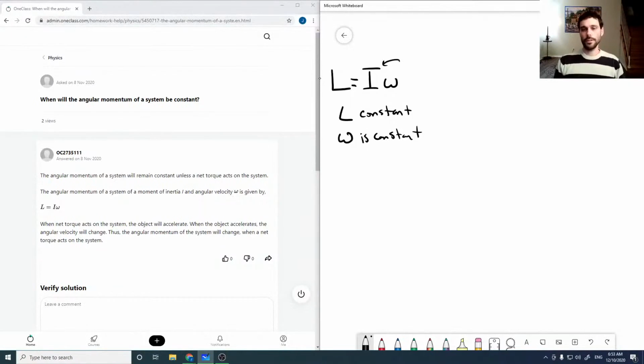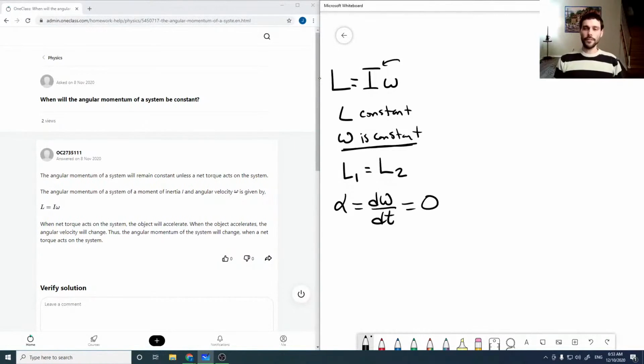Similar to linear motion, we can do a conservation of angular momentum. So L1 equals L2. We can have changes in these quantities, in I or omega. What I mean by that is really alpha is d omega by dt, and so that must be 0.